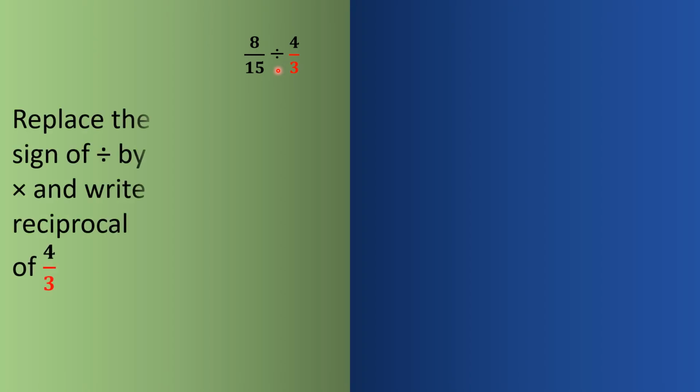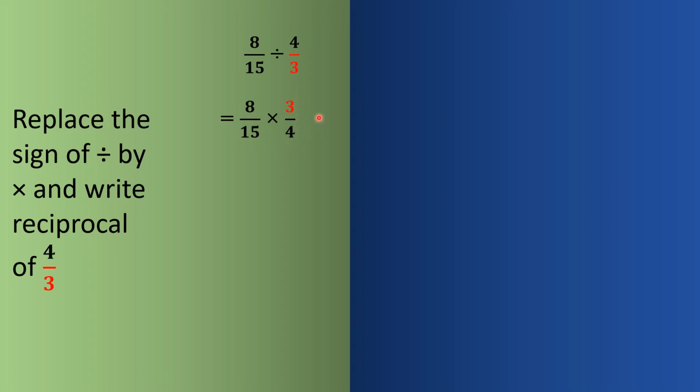So here what we need to do, we need to find the reciprocal of this divisor only, and we will replace this sign of division by multiplication and write the reciprocal of 4 by 3. It means our question will be like this: 8 by 15 as it is. Instead of division, we will write the sign of multiplication and the reciprocal of 4 by 3, which is 3 by 4.